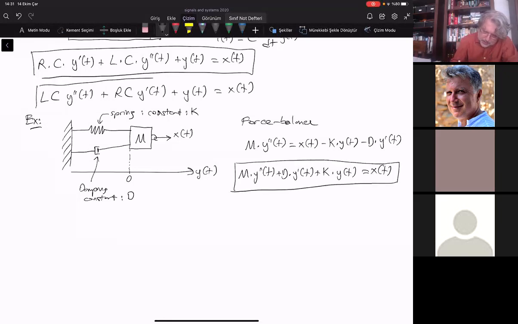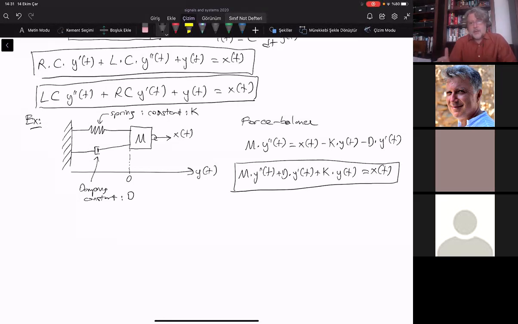And look at the previous one. As you see, they are almost the same. They correspond to something quite different in terms of physical nature. One of them is electrical circuitry. The other one is just mechanical motion. But the physical essence of it is more or less the same. Second order differential equations is what we get.